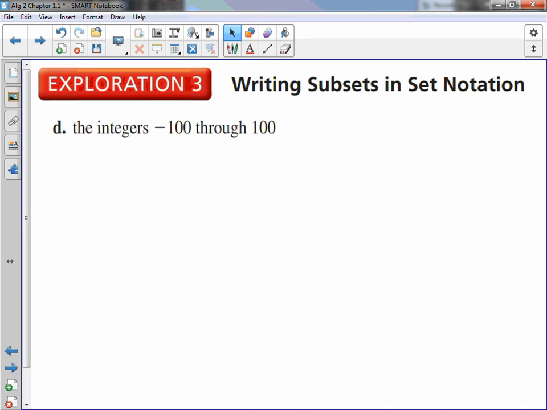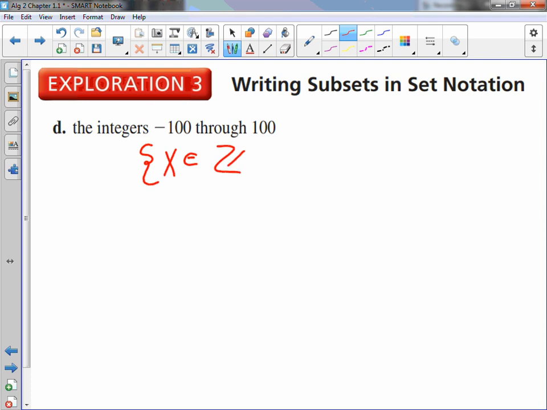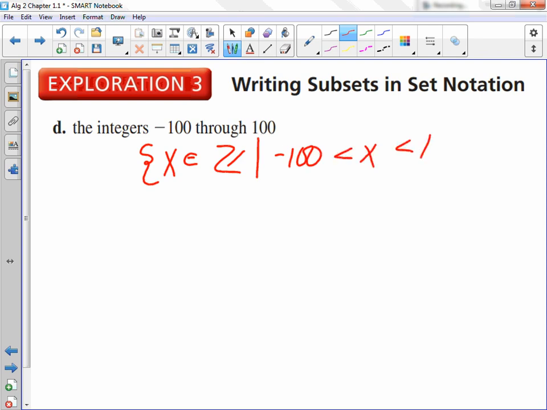The integers, negative 100 through 100. So what are we going to start off with? Bracket, x is an element of what? Integer. So we would have our Z such that, now here's a question.